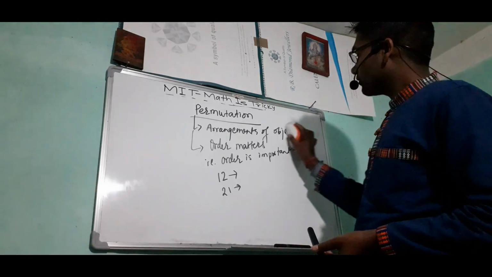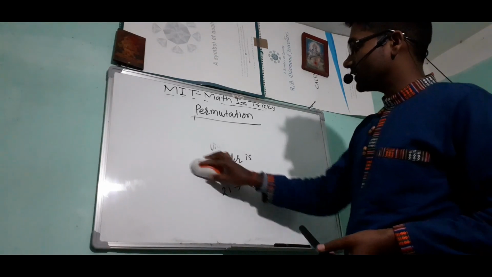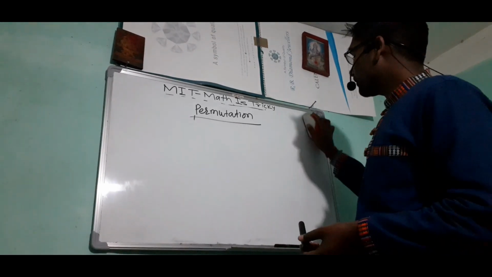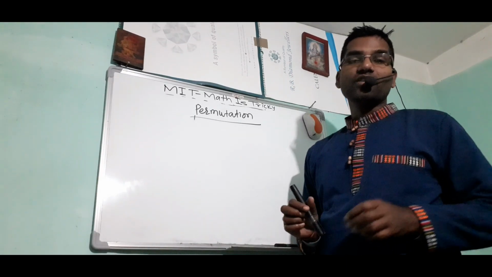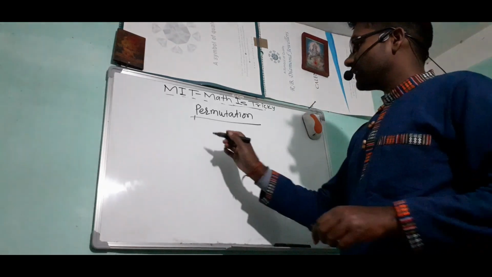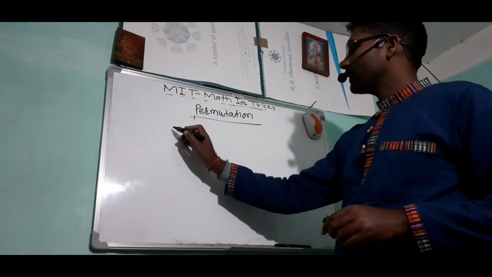Now, what are the formulas for permutation? How do we use the symbols? What is the symbol for permutation? This is what I'm going to explain.